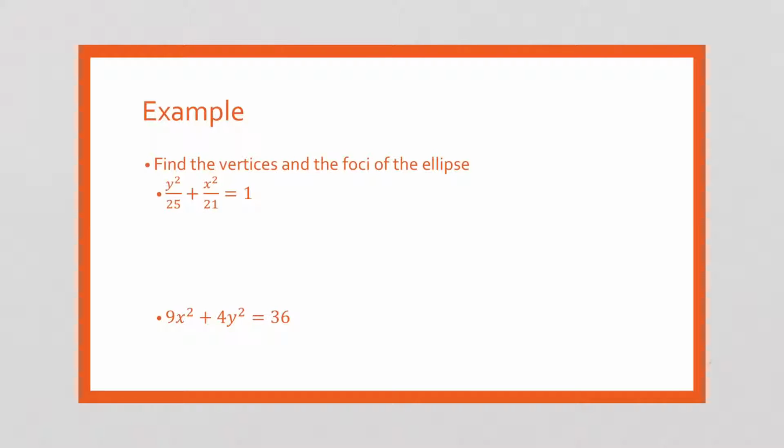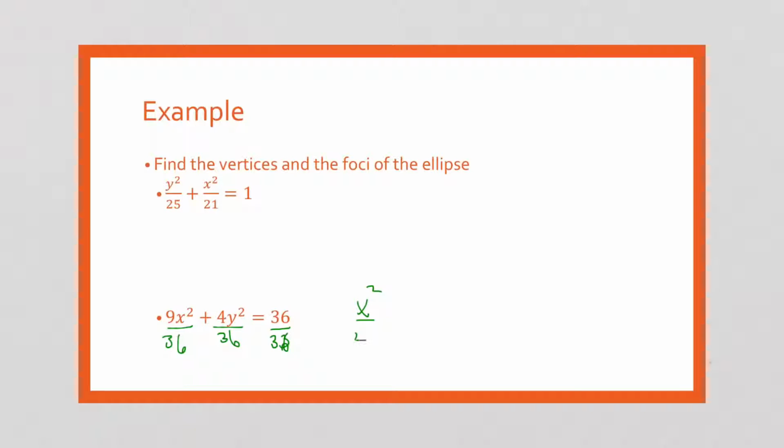Alright, so one thing you'll notice on your formula sheet is that all ellipses have to equal 1. But this equation doesn't. So we need to divide everything by 36. Which leaves us an equation. 9 over 36 is 1 over 4.